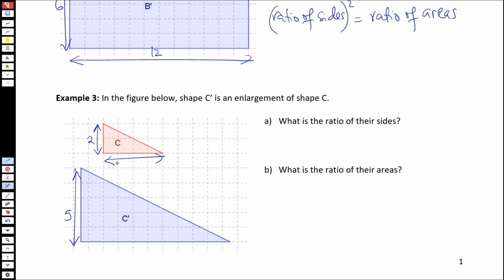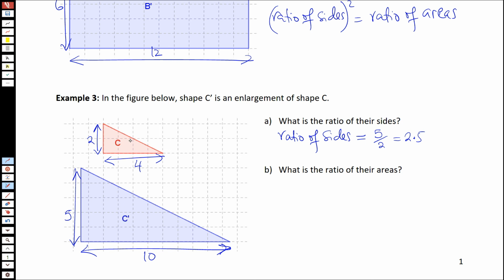The base here is 4, and the base here is 10. So the ratio of the sides will be equal to 5 over 2, which is just 2.5.